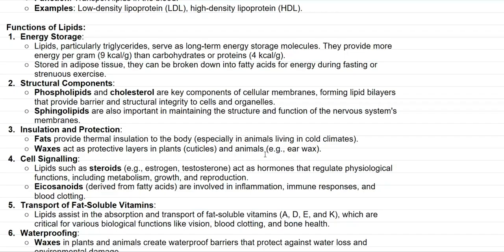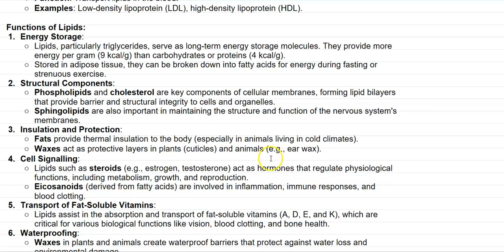Then these lipids are stored in a special kind of tissue called adipose tissue. In the absence of readily available sugar, this fat can be broken down into fatty acids. This takes place mainly during fasting as well as strenuous exercise.